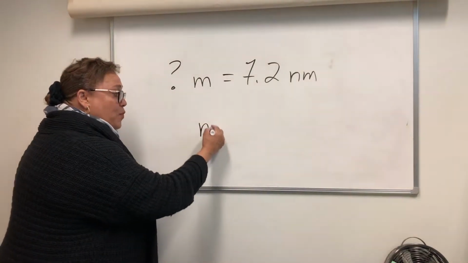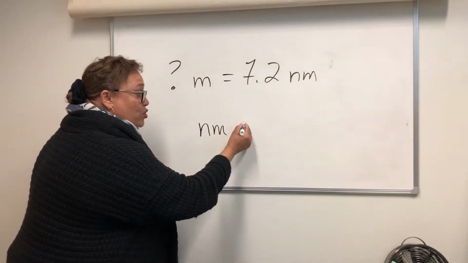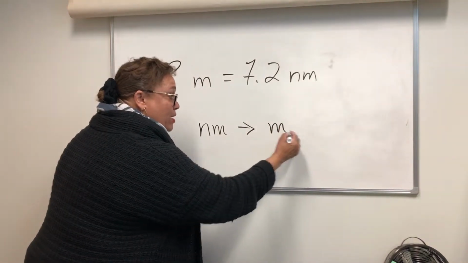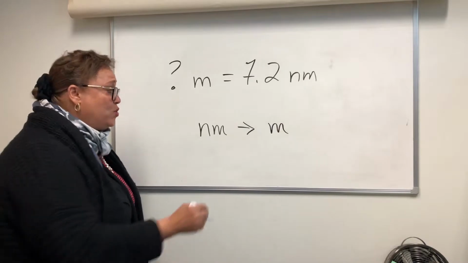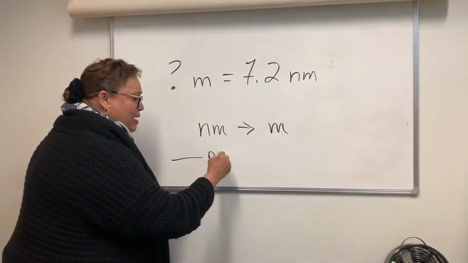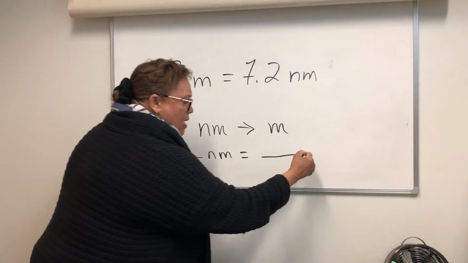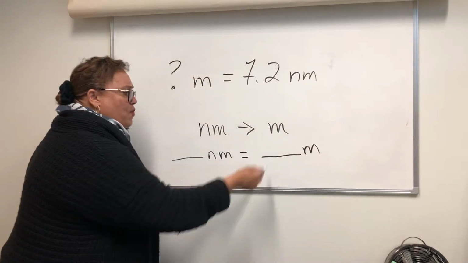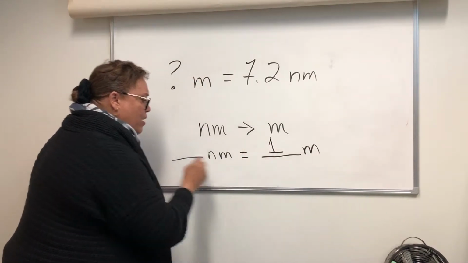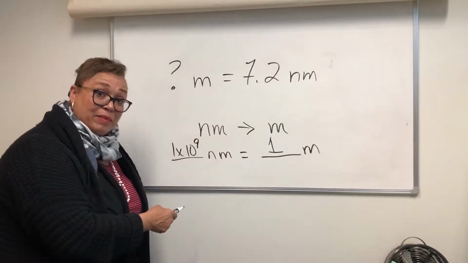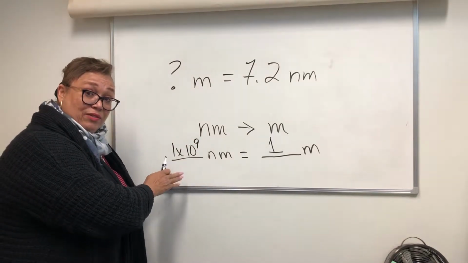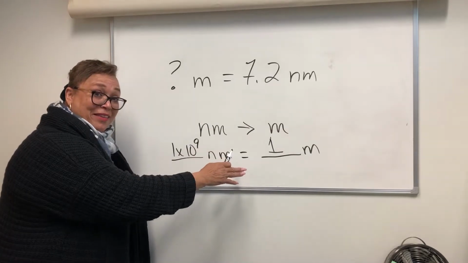We're starting off with nanometers and we're trying to get to a meter. And knowing your SI prefixes, you can easily make a definition. So you can say to yourself, 1 meter is equal to 1 times 10 to the 9th nanometers. Takes a whole bunch of little things to make one big thing.